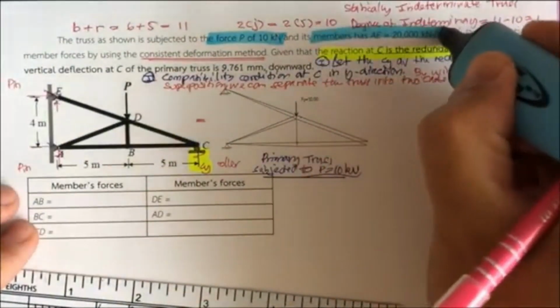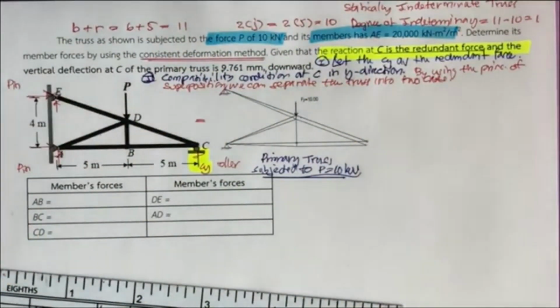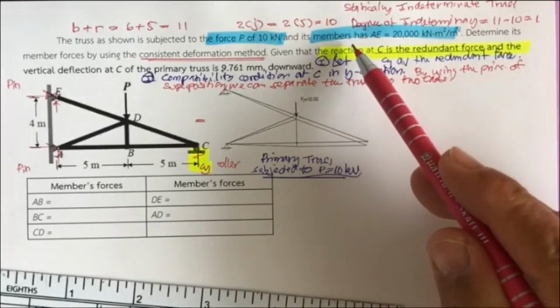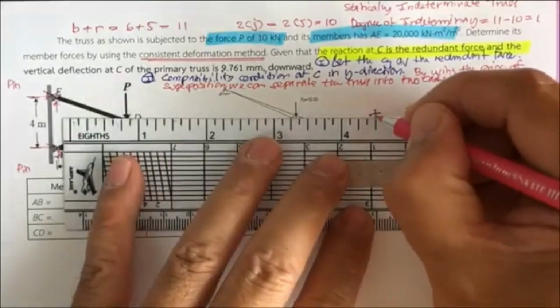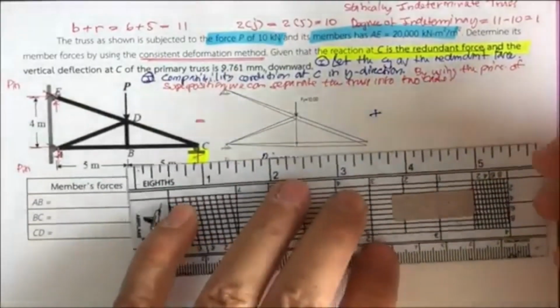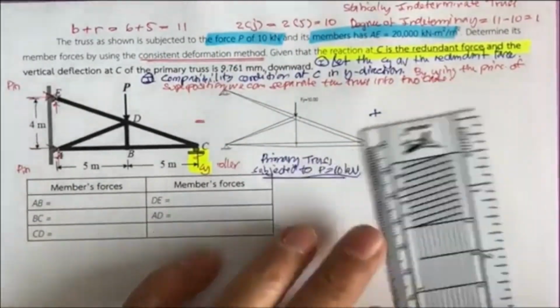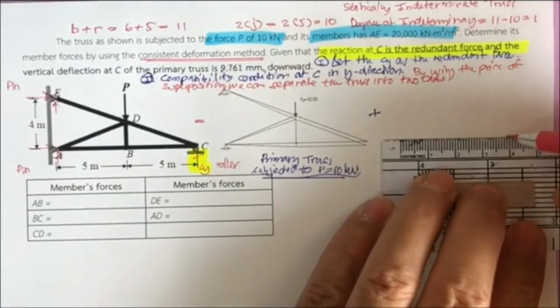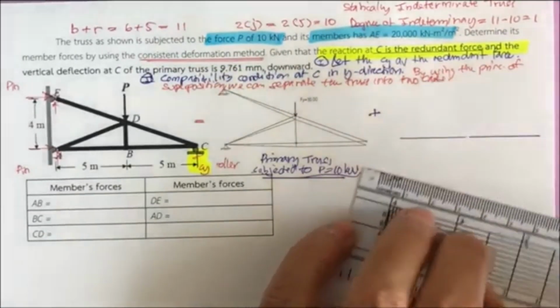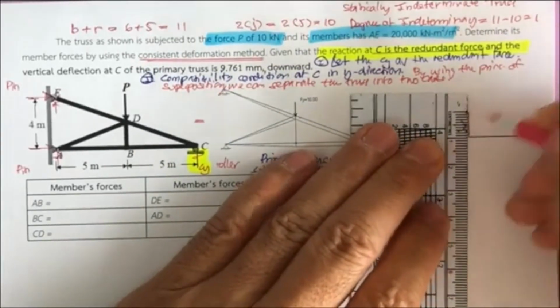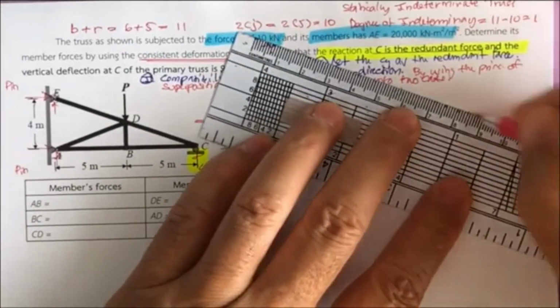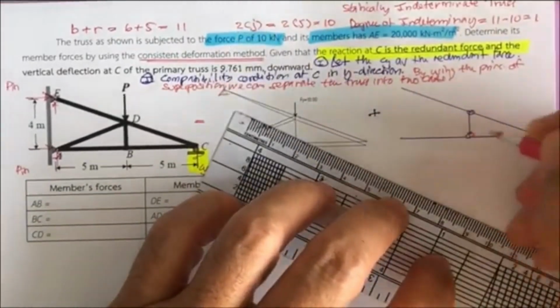This truss has the stiffness of 20,000 kilonewton meter square per square meter. So all of them have the same stiffness, and this is going to pass to another truss that is subjected to the redundant.